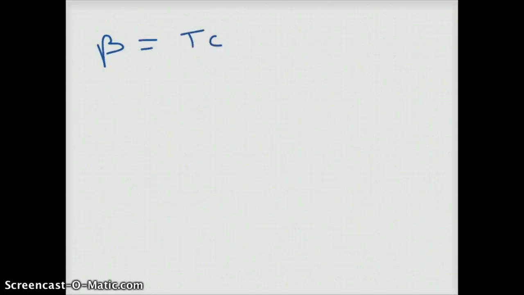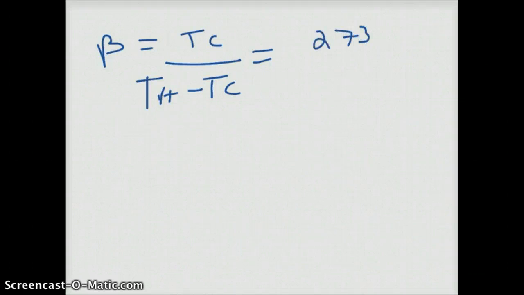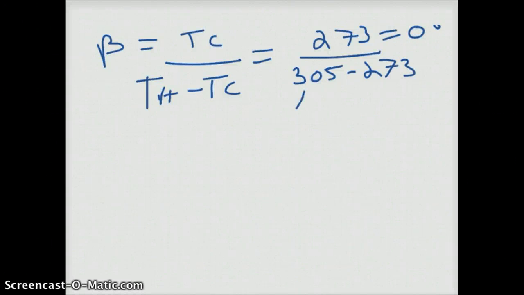And that equals our temperature cold over temperature hot minus temperature cold, and for this we have to convert our values to Kelvin. This is our 0 degrees, and this is our 32 degrees Celsius. So after doing that calculation, we find that our coefficient of performance is 8.53.